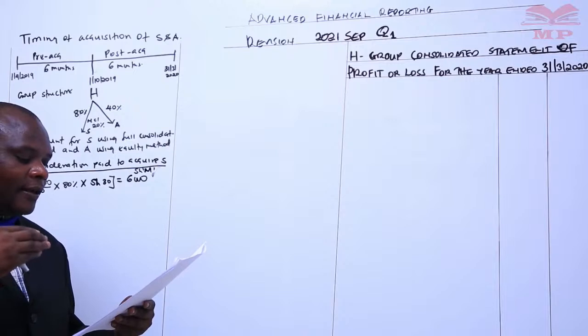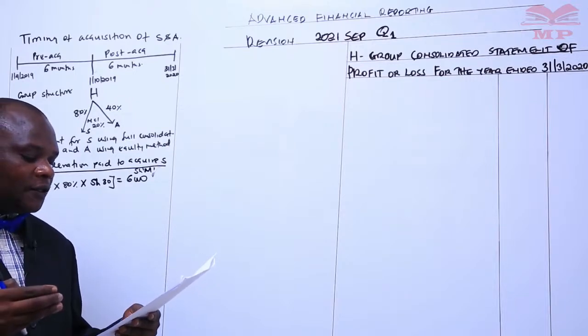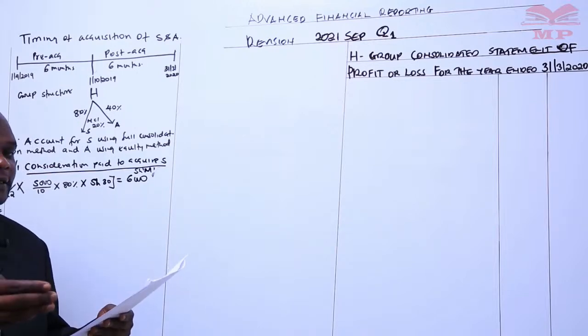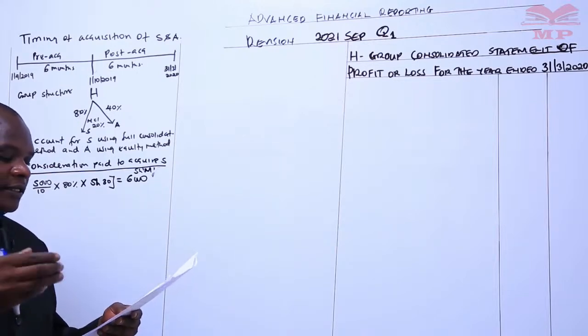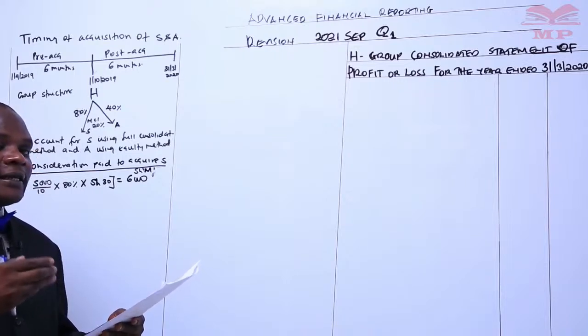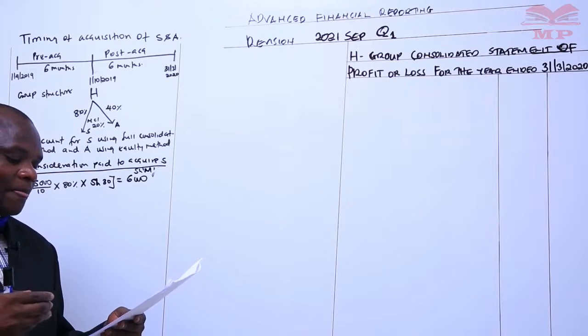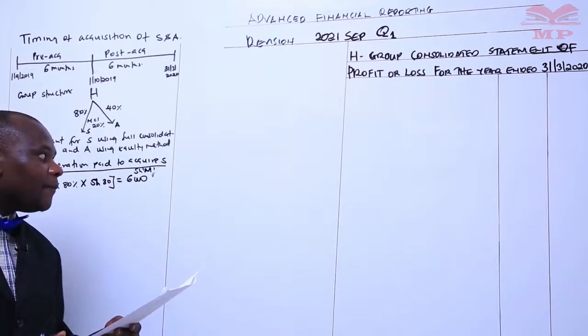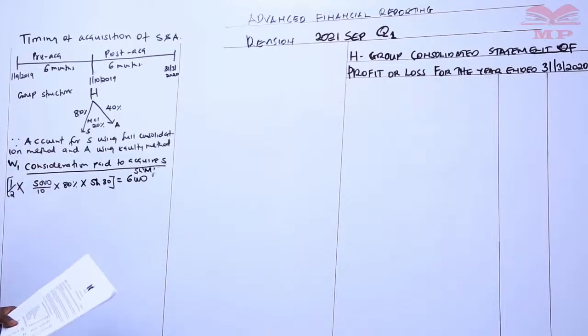Now, we call this deferred consideration because it is to be paid by H at some future date, that is in 2 years. And so to us, or to H, it is like a loan. So because it is payable in the future, at this time we call it deferred consideration.